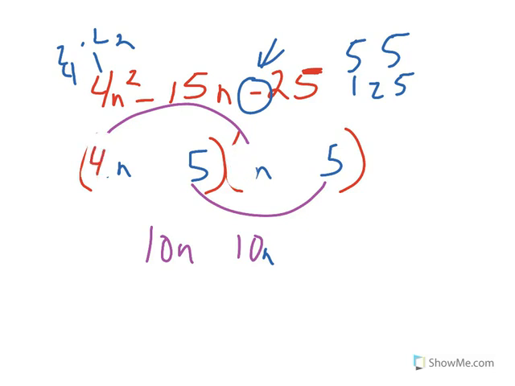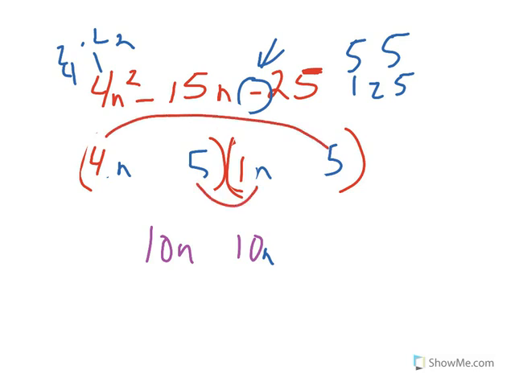Let's try 4 and 1. It's been a long day already. So 4n times 5 is 20n, and then 5 times n is 5n.